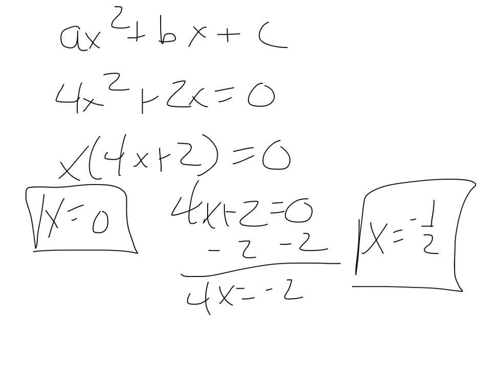This is review. We've also done some like x squared plus 6x plus 5 equals 0. When we got these kinds of equations, what do we do? We can't factor out an x, because the 5 does not have an x in it.